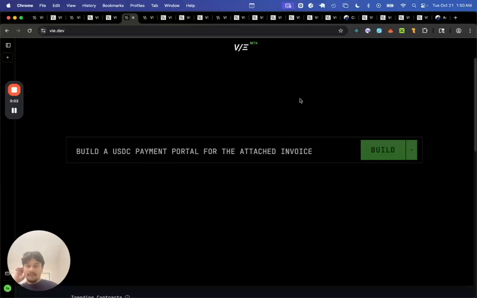So one of the three out-of-the-box standard contracts that Vi supports for users are prediction market contracts. So we can really easily make a prediction market and a really nice interface for the market.